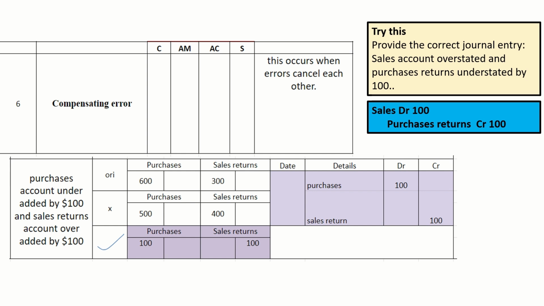In order to find the correct entry for this, you debit sales by 100 and credit purchases returns by 100. Now you should have an idea of correcting the errors that do not stop the trial balance from balancing.